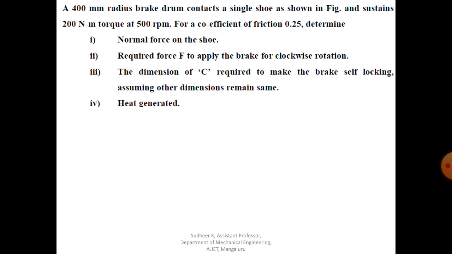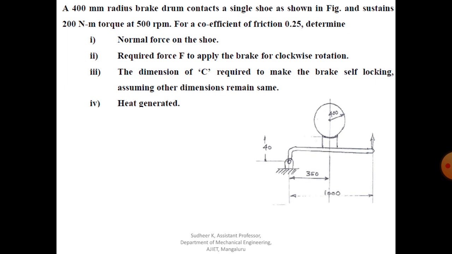So this is a problem on block brake, or we call it a single block or single shoe brake. The diagram is given in the problem itself. These are the construction of the single shoe brake. These are the dimensions given, 40 with respect to vertical and 350 from the fulcrum, and from here to here the total length is 1000, and the radius is given as 400.